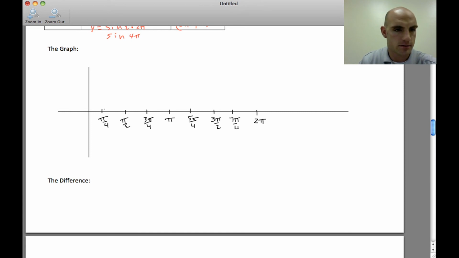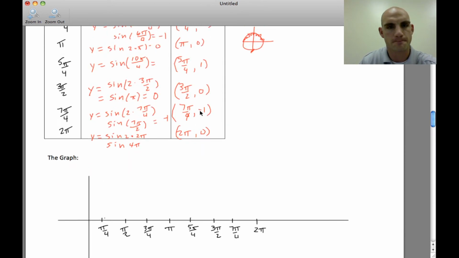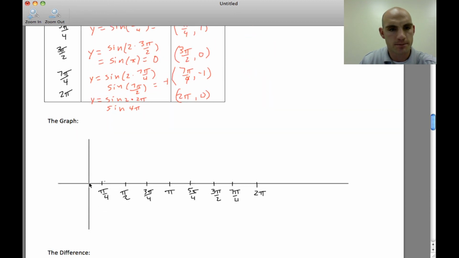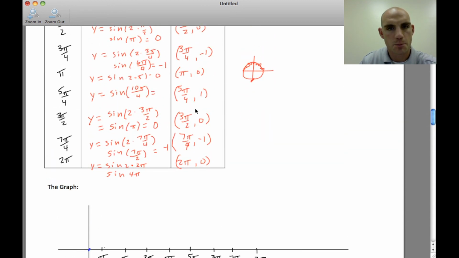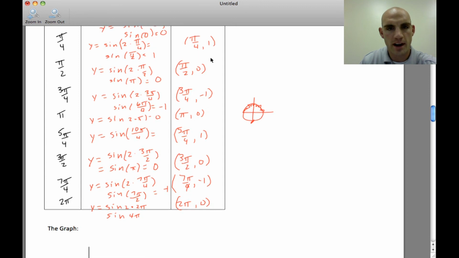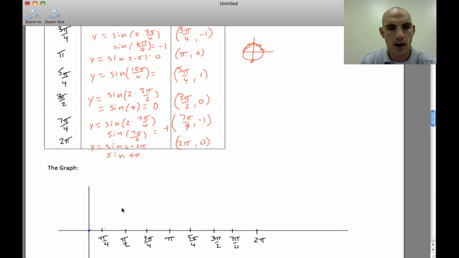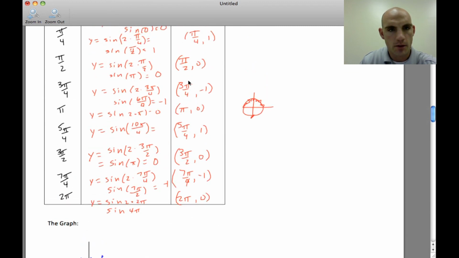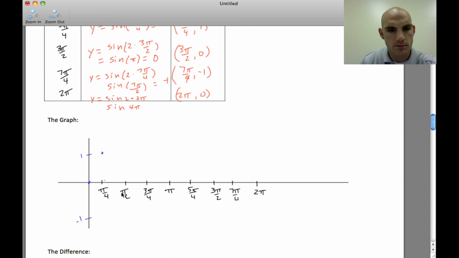Let's look at these actual points that we're plotting. I'm going to be scrolling up and down. So we start at 0, 0, and we're oscillating between 1 and -1. So I'm going to pi over 4, 1. So here's 1, and here's -1. When I get to pi over 2, I'm at 0.